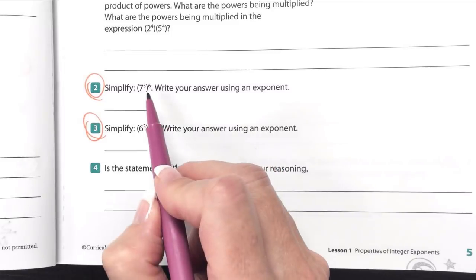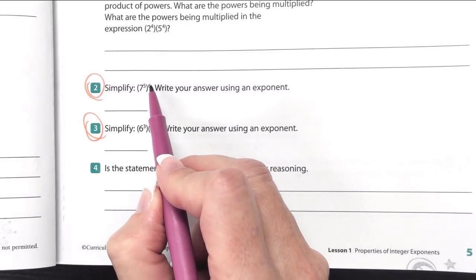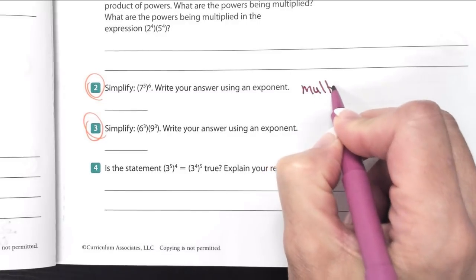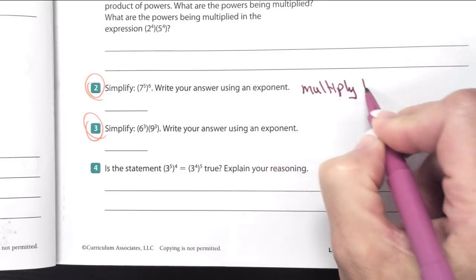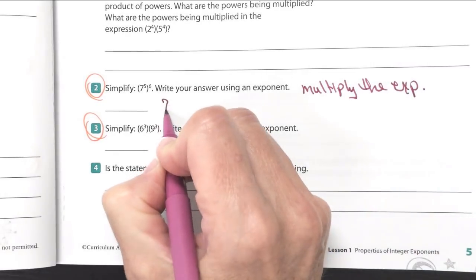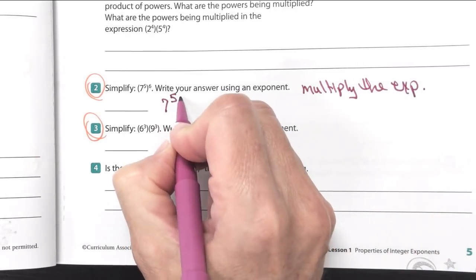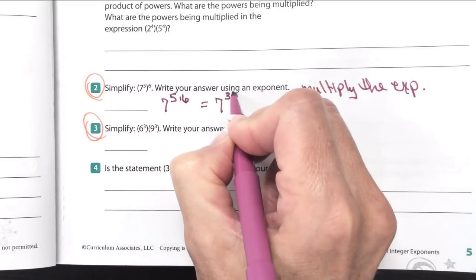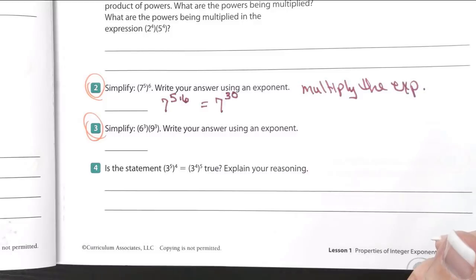All I need to know is that the rule for raising a power to a power is to multiply the exponents. So I'm just going to do 7, and 5 times 6 gives me 30.